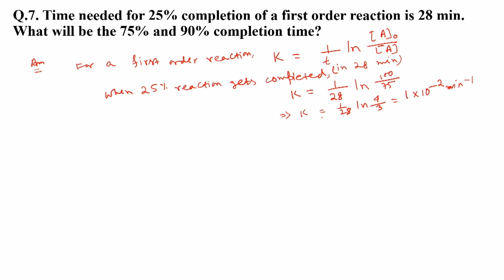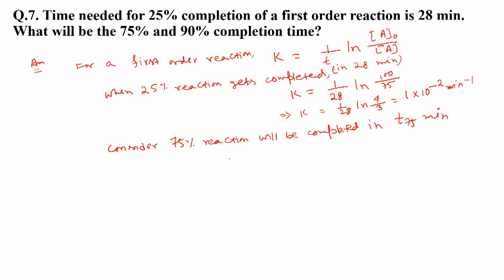So the value of k we have already got. Now we need to use this value of k for the next two problems. So let us consider 75% reaction will be completed in T 75 minutes.